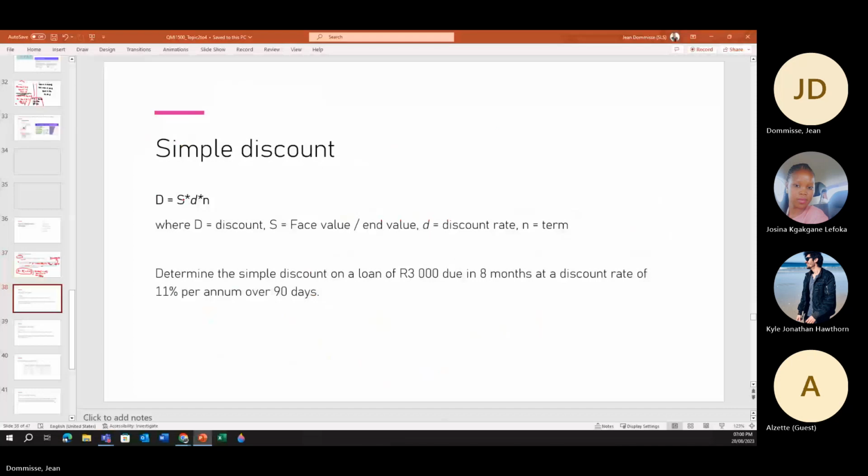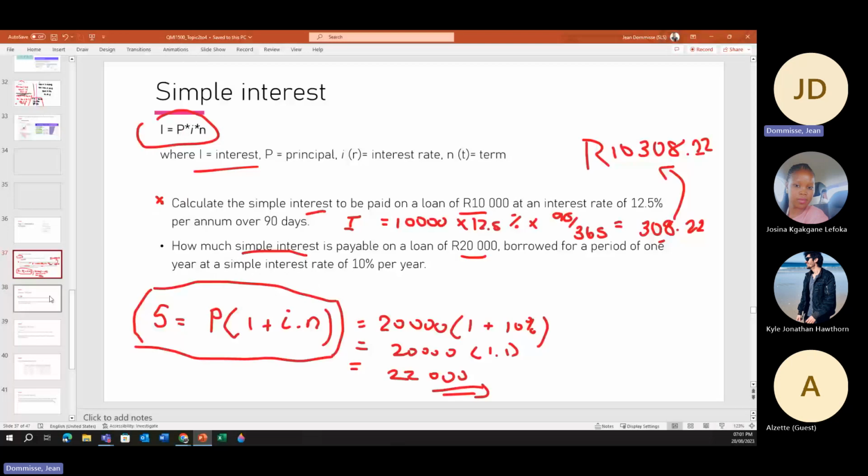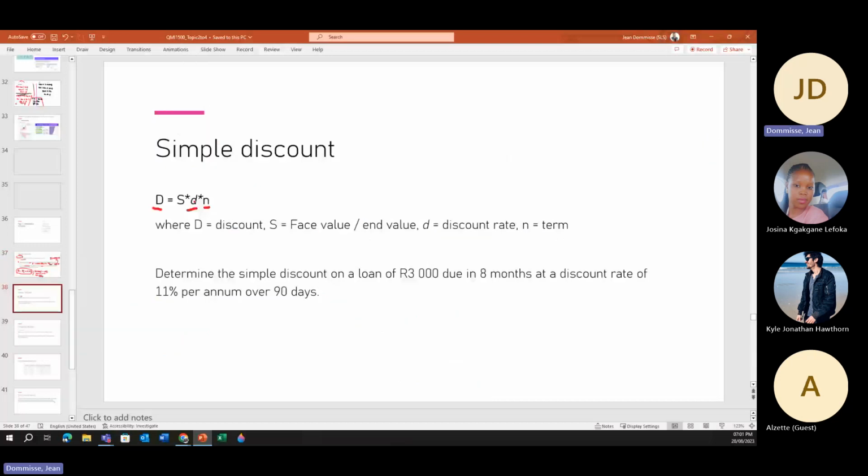So here, basically what will happen is, which again will be worked out on the value that they tell you you are getting the discount on, times the discount rate times the time period. So very similar to the interest, you're doing the same here.